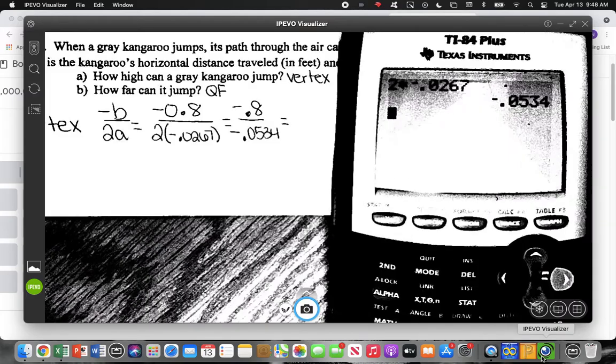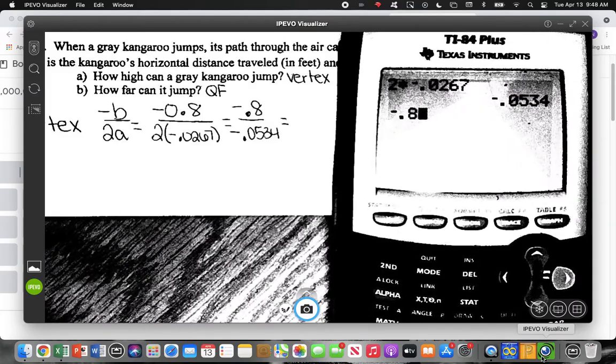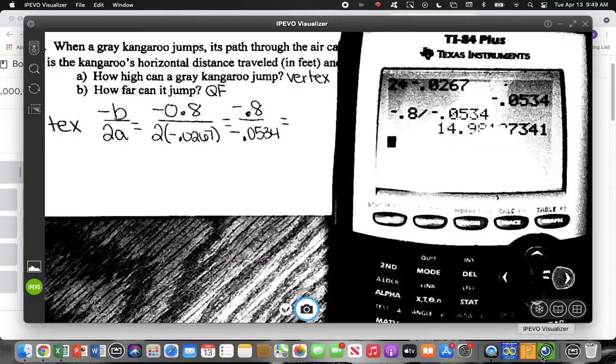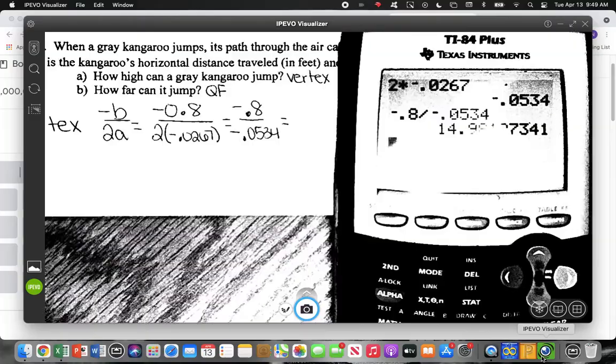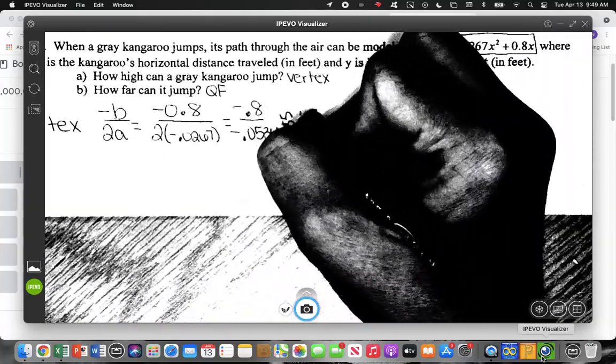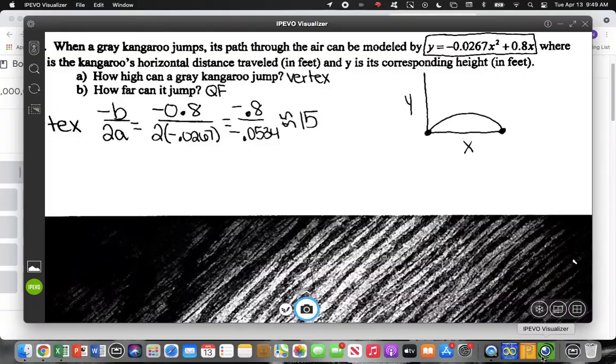Now I'm going to divide. Negative 0.8 divided by negative 0.0534 turns into a positive 14.98, which, if we round to the nearest tenth, what would that round to? 15. Yep. So this is really close to 15.